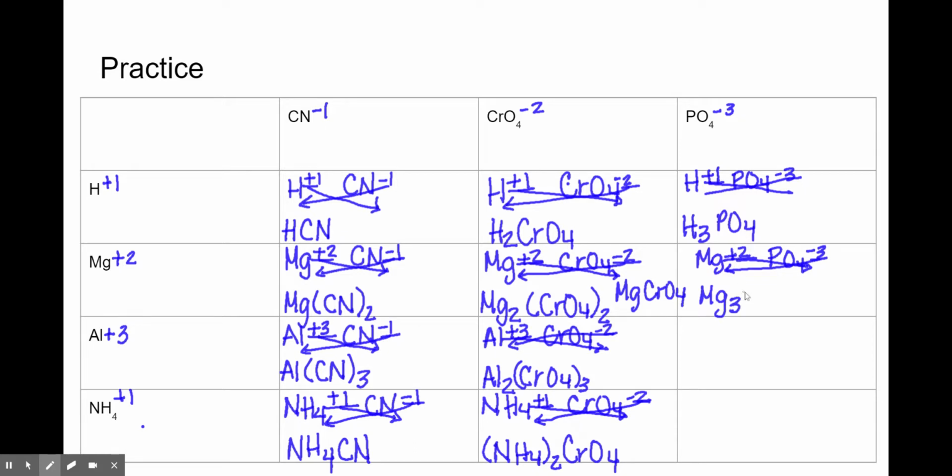This is higher than 1, so I'm going to use parentheses, PO4, 2. Next I have Al, whose charge is +3. Then I have my PO4, whose charge is -3. Cross those down.